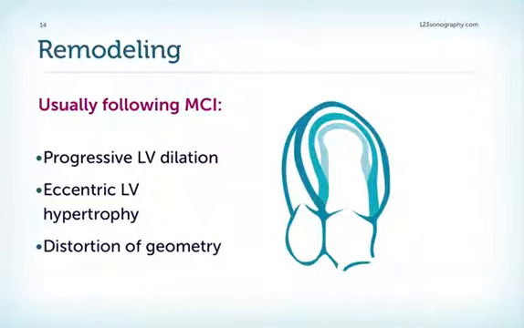Remodeling occurs after myocardial infarction and it is defined as progressive left ventricular dilatation where the patients eventually develop some form of eccentric left ventricular hypertrophy, but more importantly, develop a distorted left ventricle. Remodeling is so important because it influences the prognosis of patients and because it's so detrimental.